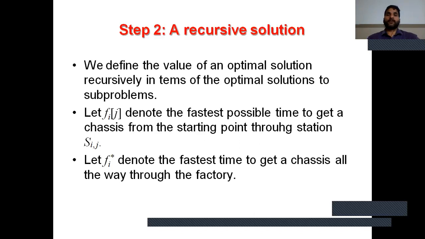Now, step 2, solve assembly line scheduling using the recursive solution. We define the value of an optimal solution recursively in terms of the optimal solutions to subproblems. Let f_i,j denote the fastest possible time to get a chassis from the starting point through station S_i,j. Let f star denote the fastest time to get the chassis all the way through the factory.